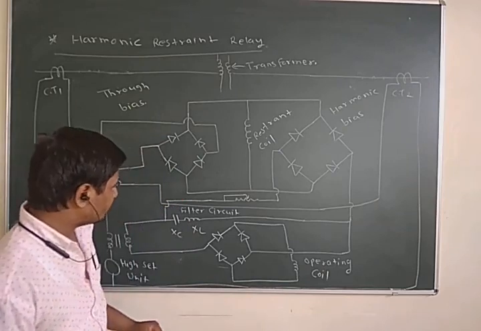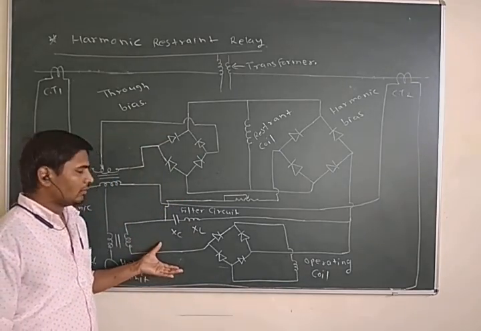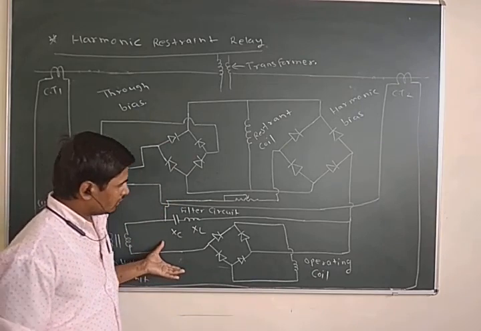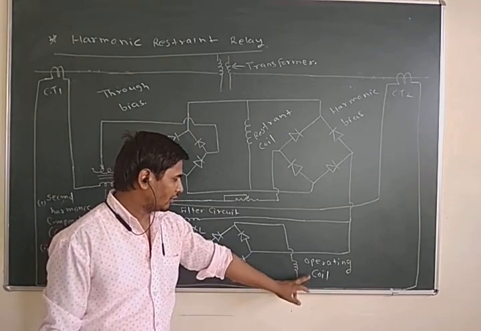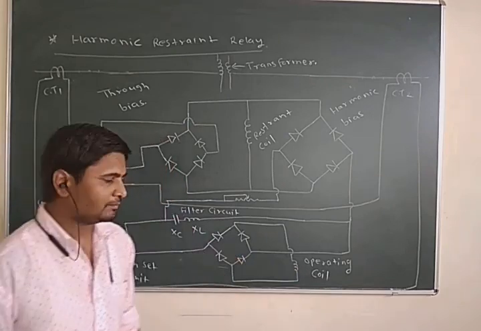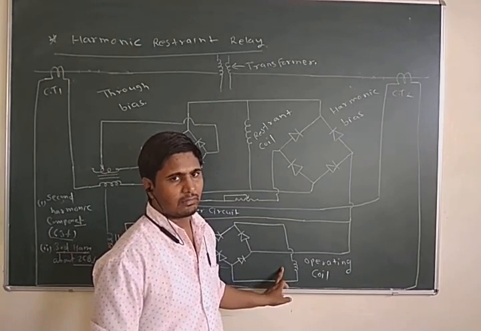But in normal condition, only the fundamental component of the supply is provided to the relay operating coil, and the relay operating coil operates when fault current is greater than rated current.